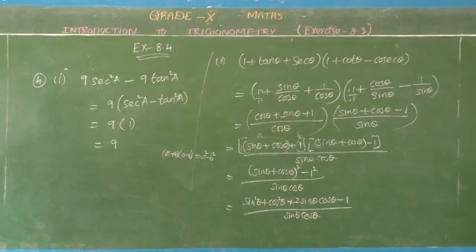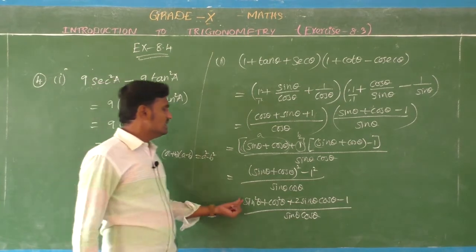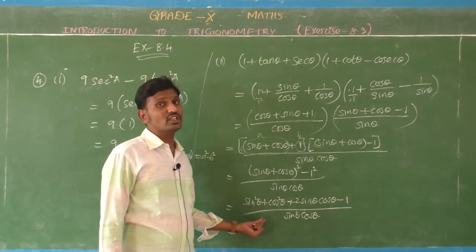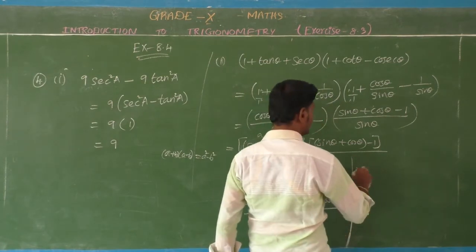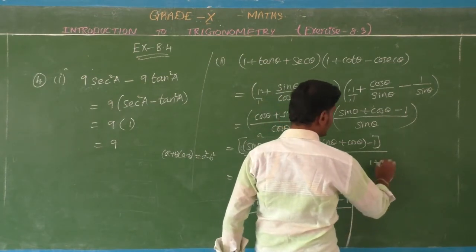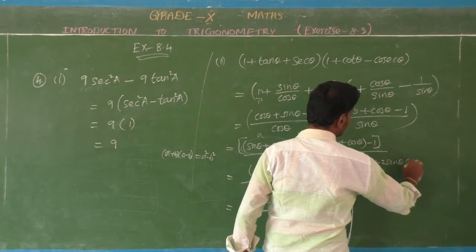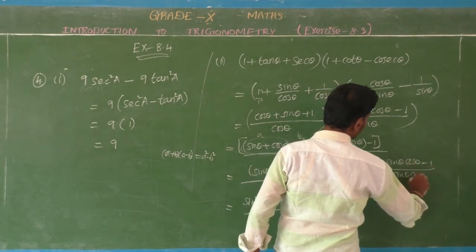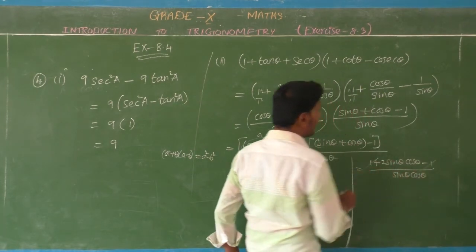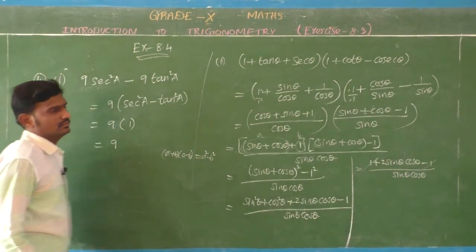Now in your first trigonometric ratio basis, sin square theta plus cos square theta has the answer 1. So this is equal to 1 plus 2 sin theta cos theta, already you have minus 1, the whole divided by sin theta cos theta. So plus 1 and minus 1 cancel.